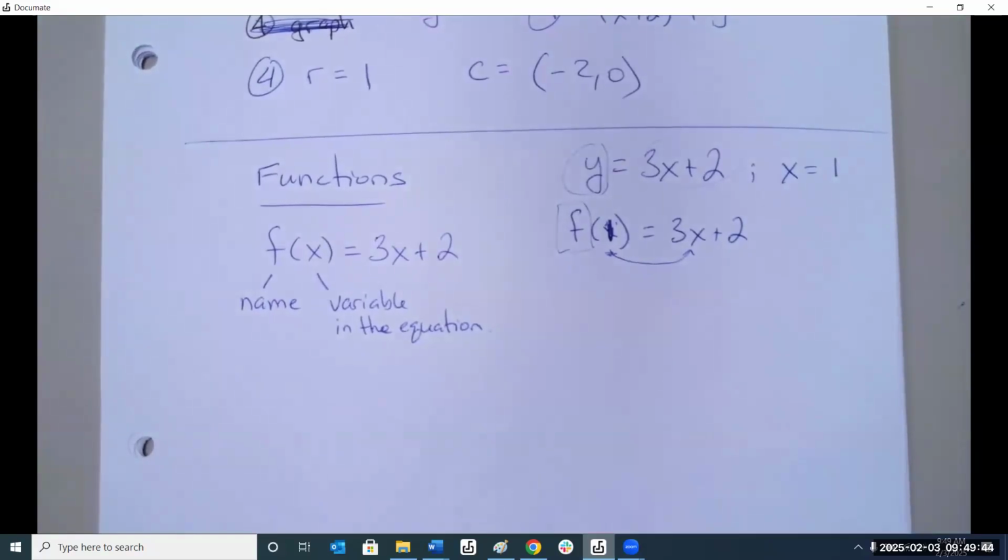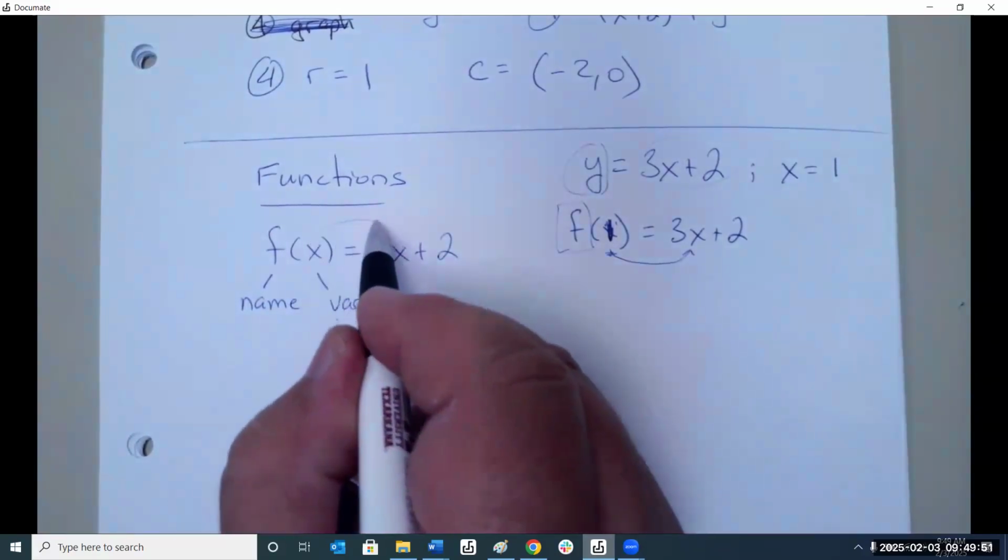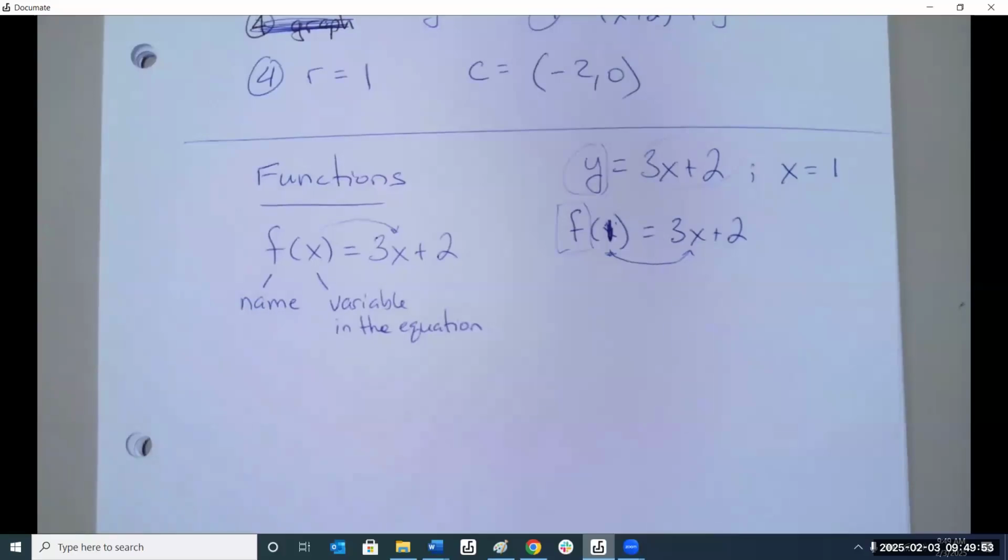So anything I put inside the parenthesis will replace whatever that value is in the equation. So that's what the equation part of the function looks like.